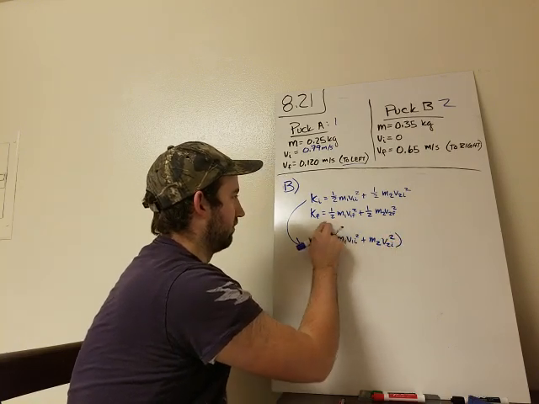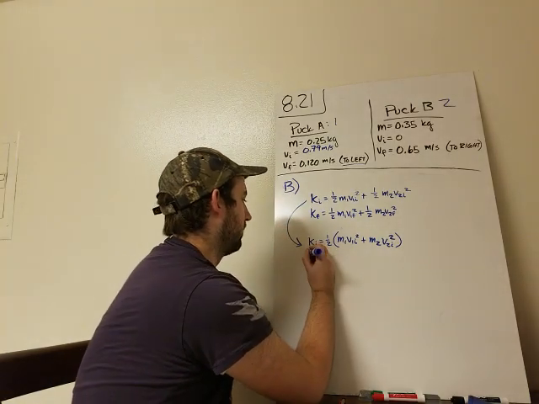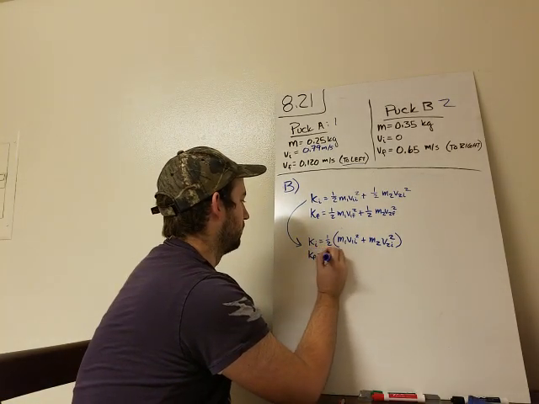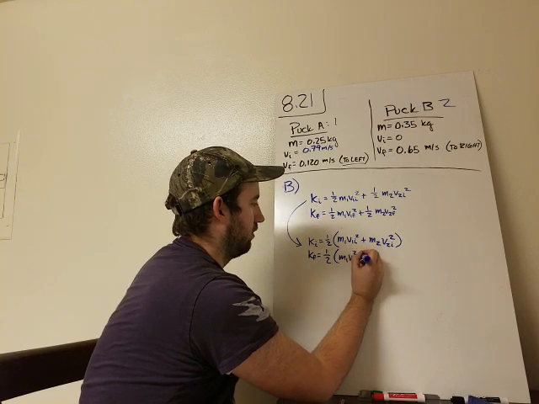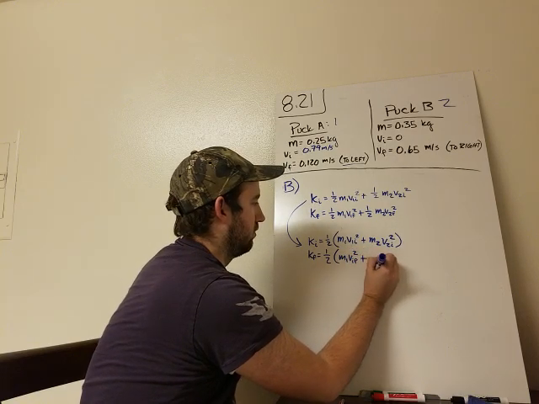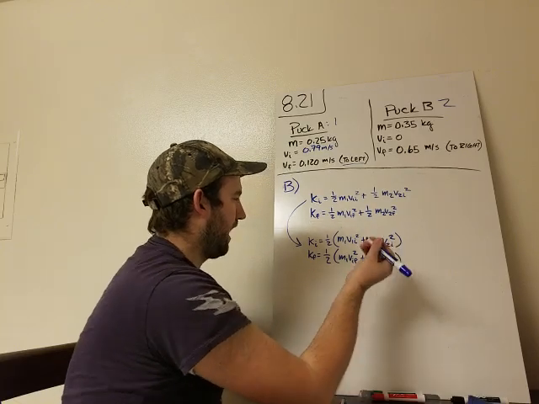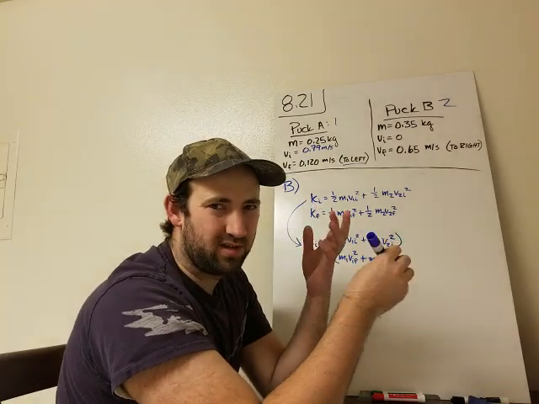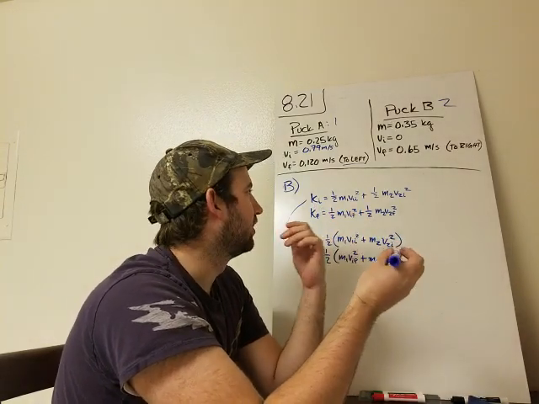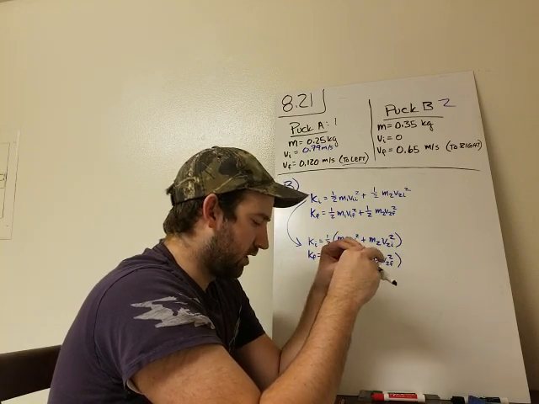And then the same thing for final, so Kf equals 1/2 (m1v1f squared plus m2v2f squared). You don't have to do that right here, but the less I have to write, the less chance I have of screwing it up. So I like to do it right here.